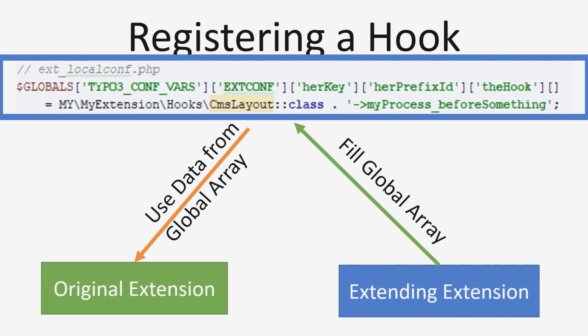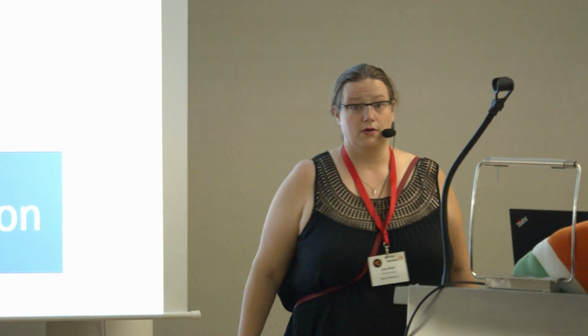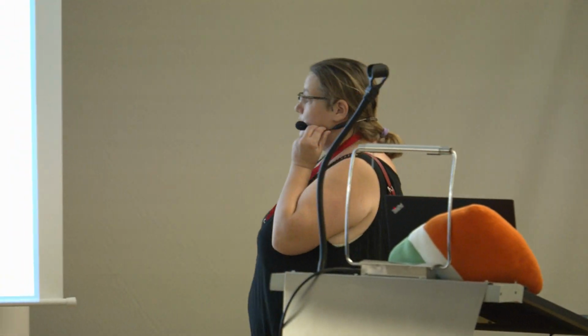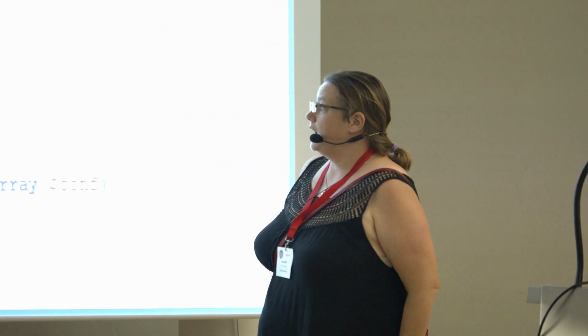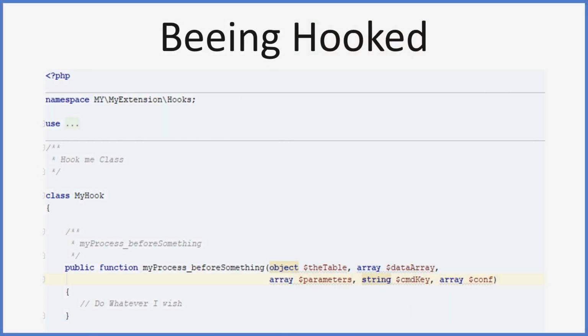So in order for the original extension to be able to call my class and function, I will usually just give them the string that they need to call me. When I want to be able to be hooked, I just write a class, my hook, whatever. By convention, we usually put it in the directory classes hooks, but this is also just convention.